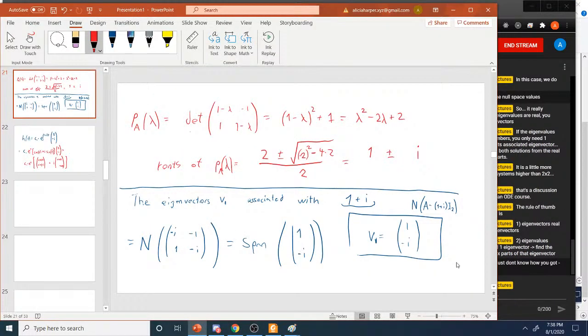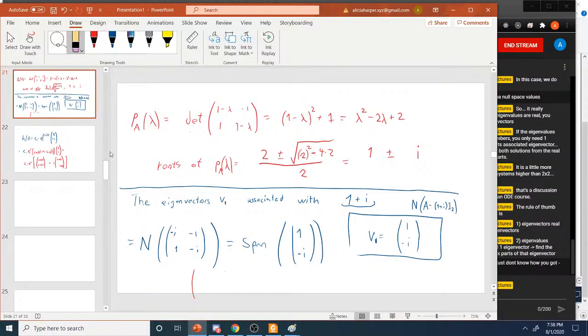And let me explain how I got this null space matrix. Well, what I did is I took 1 plus i and I plugged it into the matrix 1 minus lambda.